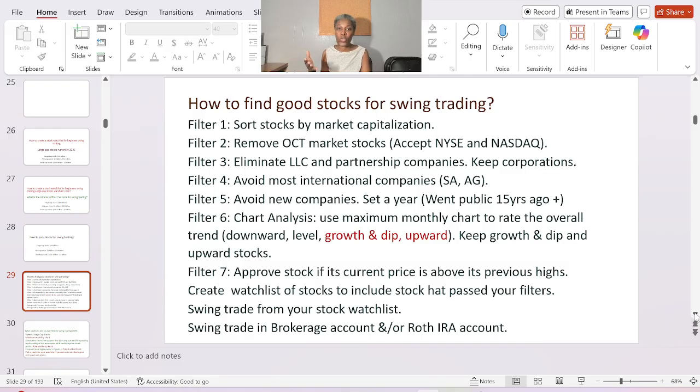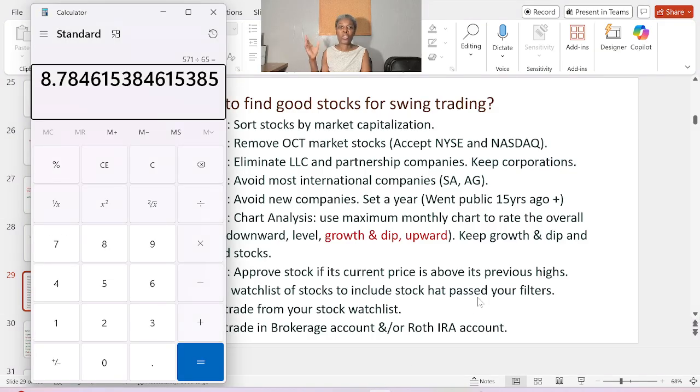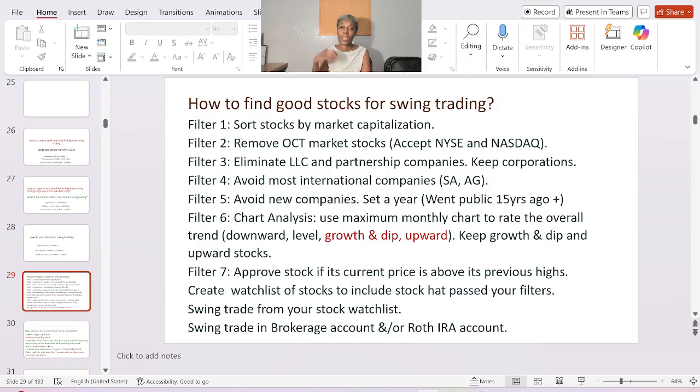You can see that even if you purchase just one share at $65, and you sell it 10 years later for $500, that's a good amount of profit. The goal is to make profit, and then to make more profit, you just buy more shares. So just start small and grow your account from there.